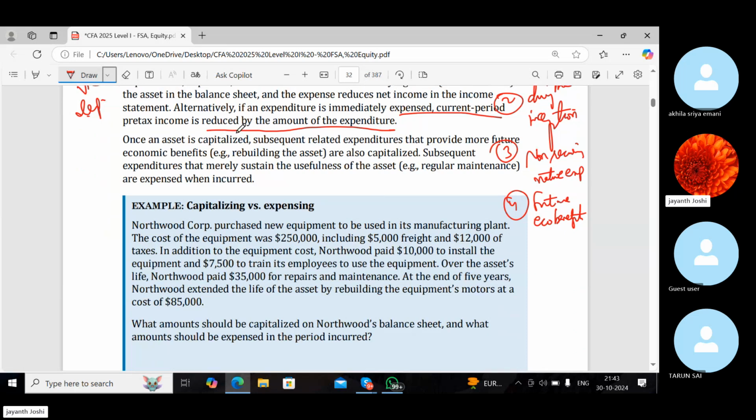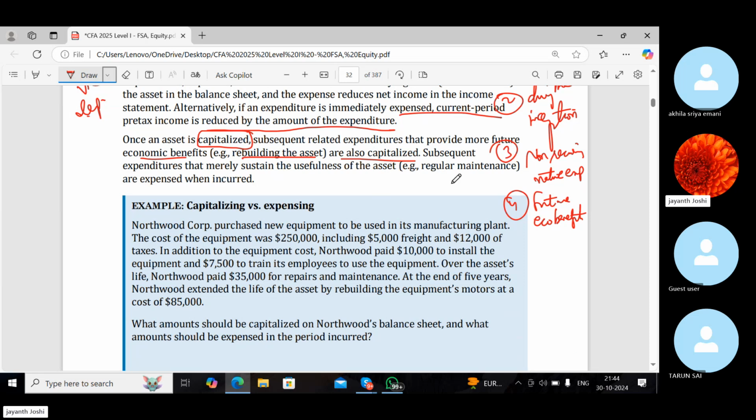Now, once the asset is capitalized, that means shown in the asset side of the balance sheet, some subsequent expenditure related to that asset that provides more future economic benefit, like rebuilding the asset, improvement of the asset, installation of the asset, overhaul of the asset, etc., should be capitalized. Again, non-recurring nature, spent only once, giving economic benefits, should be capitalized.